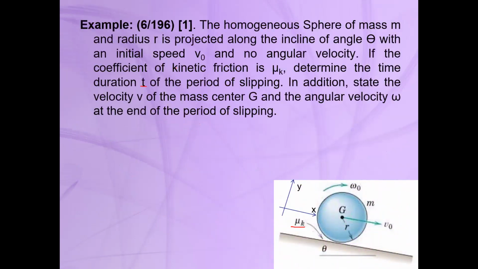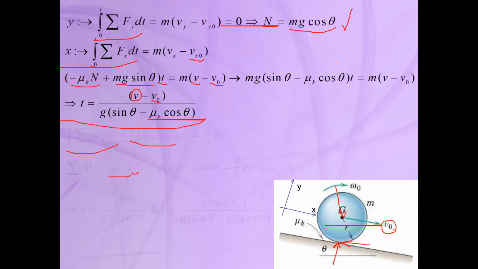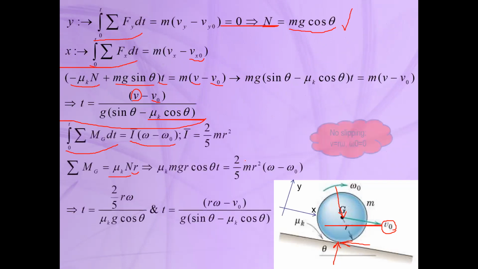Here if we come back to the previous slide, the initial speed is v naught and no angular velocity. So the initial angular velocity is 0, and we can substitute 0 instead of omega naught.